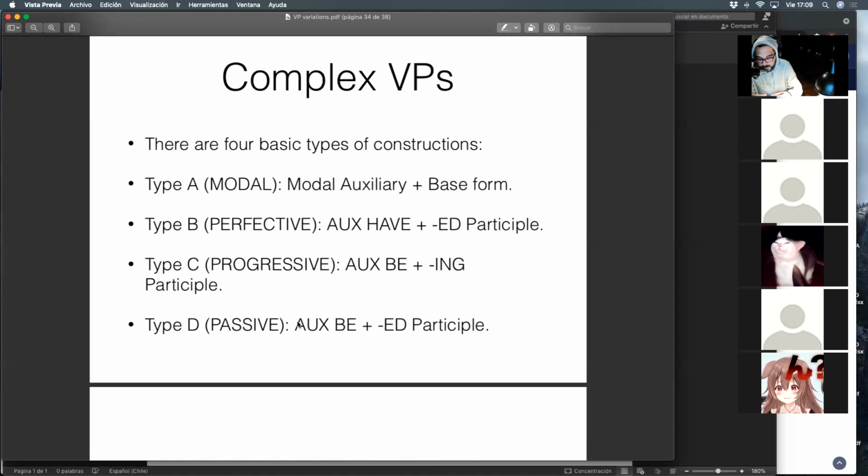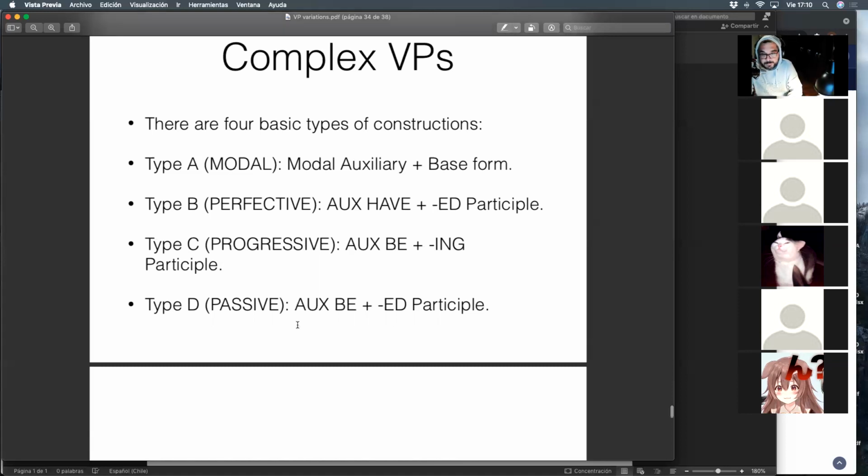These variations will have a letter in order to signal them. Therefore, letter A goes for modal, letter B goes for perfective, letter C goes for progressive, letter D goes for passive voice.